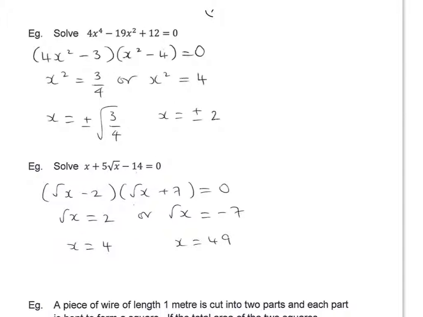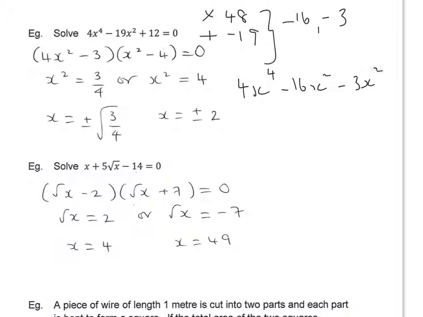So we're looking for two numbers that multiply to give 48 and add to give minus 19. And our two numbers in this case are going to be minus 16 and minus 3. Okay, so splitting up the middle term, then we have 4x to the power 4 minus 16x squared minus 3x squared plus 12.